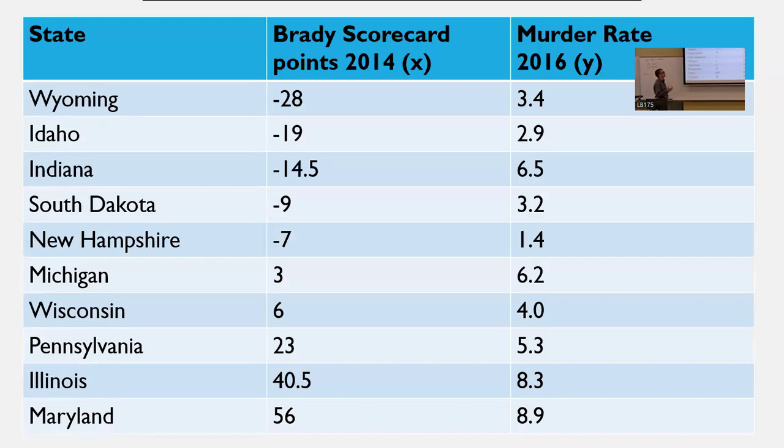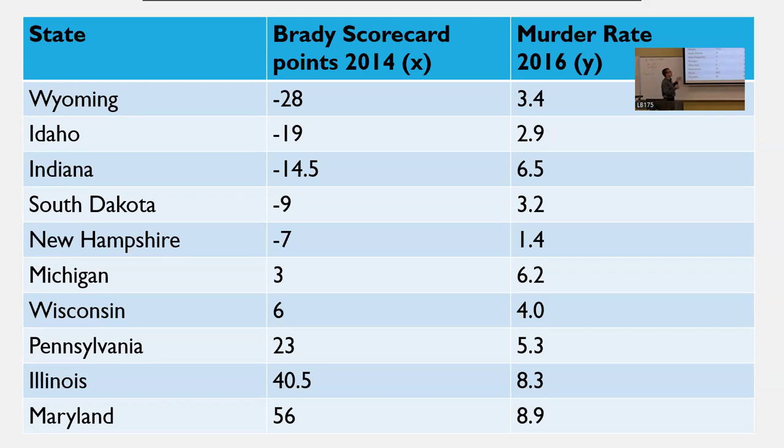Brady scorecard points are such that each state gets a scorecard and the higher the number, the stricter the gun laws. So Wyoming has less strict gun laws than Michigan. Maryland has more strict gun laws than Michigan.